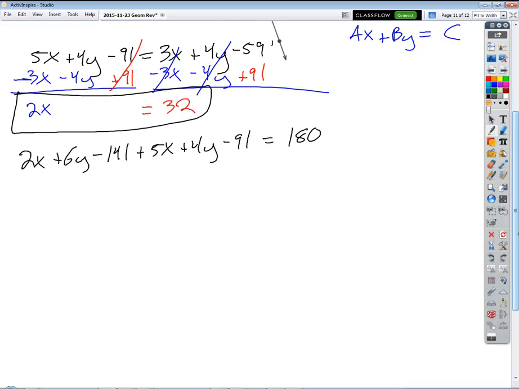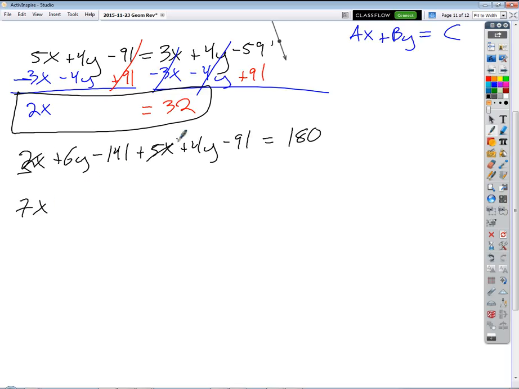Same drill. We're just going to get the x's and the y's on one side and the numbers on the other. Well, the x's and the y's are already on the left. I can just combine like terms, right? Okay, so what am I going to get, Carrie? What am I going to get if I add up my x's on the left side? 7x, good. So those combine to 7x.